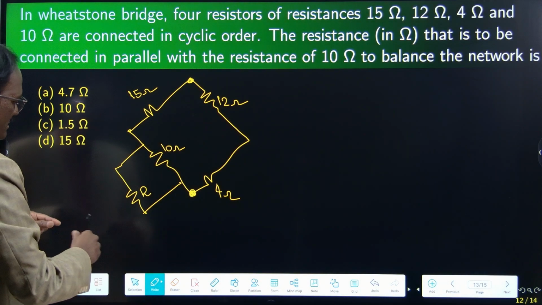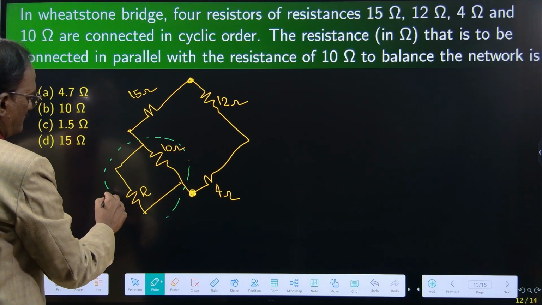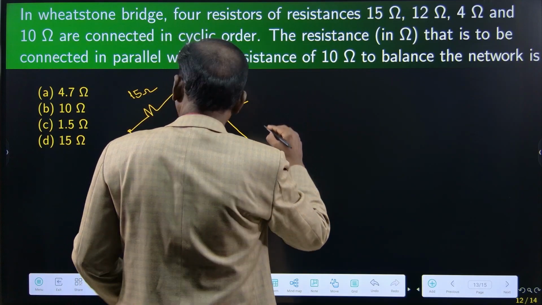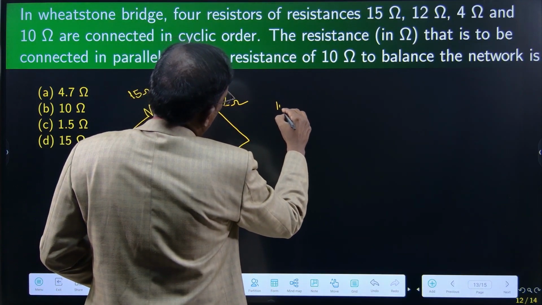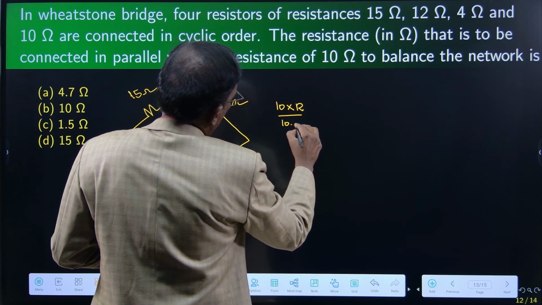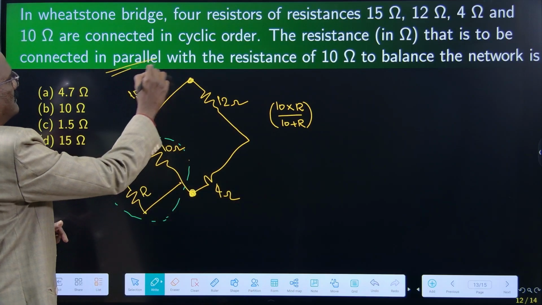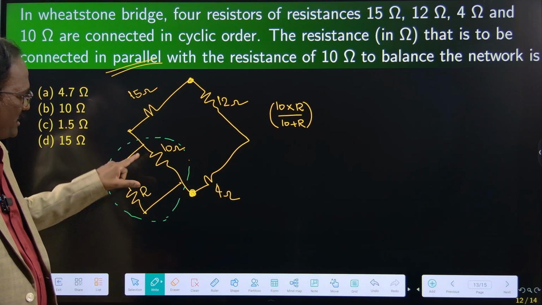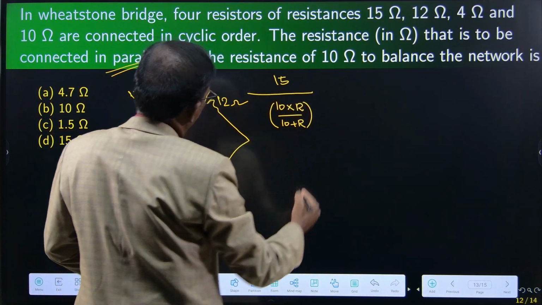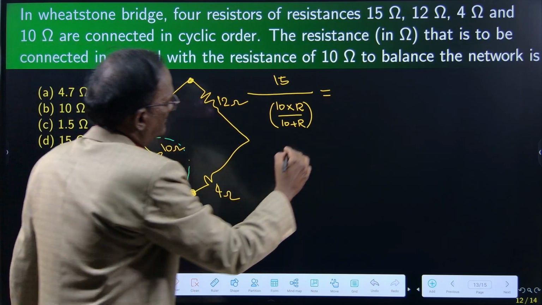So 15 divided by its equivalent value must be 12 by 4. Its equivalent value, connected in parallel, is 10 into R divided by 10 plus R, that is 10R divided by 10 plus R. 15 divided by this value must be equal to 12 by 4.